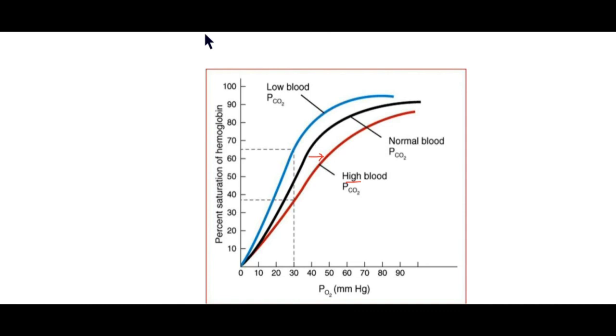Metabolically active tissue is going to produce a lot of CO2. That's going to shift this curve to the right, meaning that at any given partial pressure, on this one it's showing a partial pressure of 30, you're going to have less saturation than you would under low CO2 values.